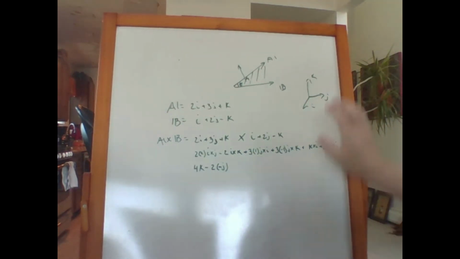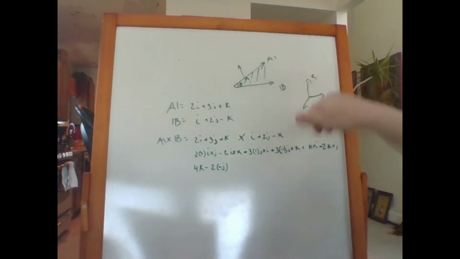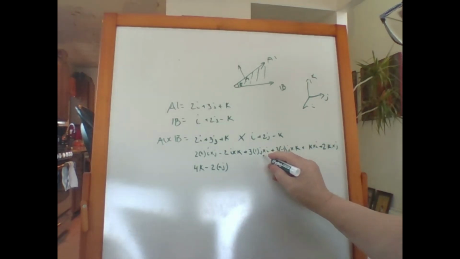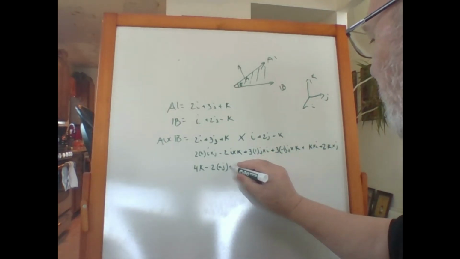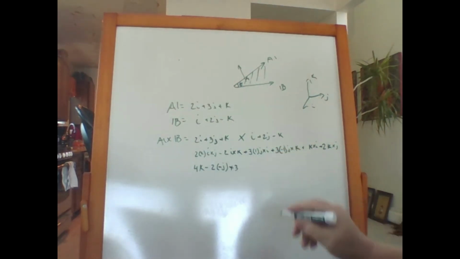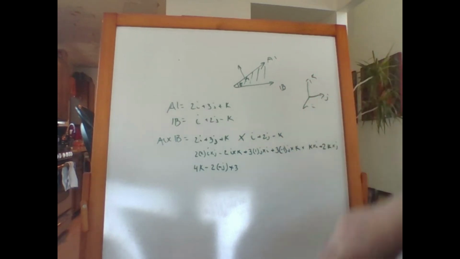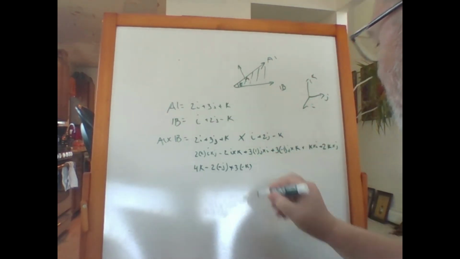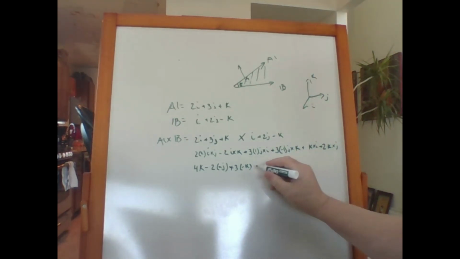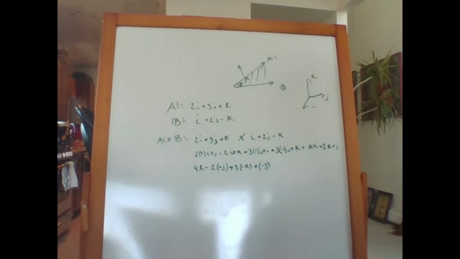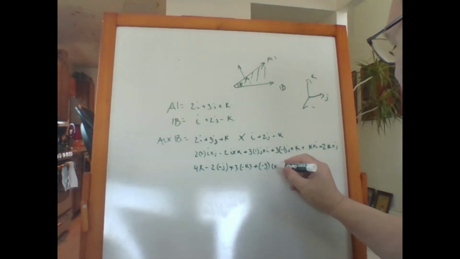All right, so i cross j, or k. 3 times 1 plus 3 times 1 is 3. j cross i, so that's a minus k. Minus k. And we have a plus a minus 3. j cross k, that's in the i direction.